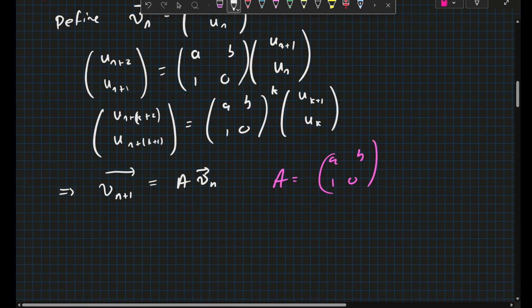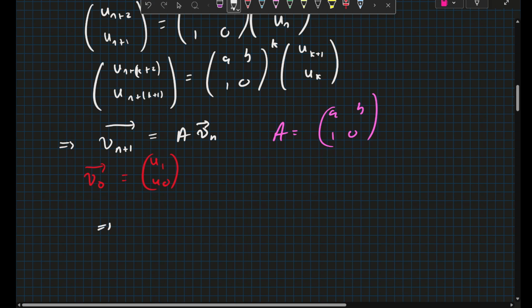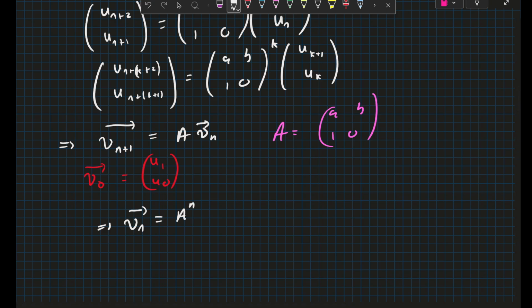So if we go ahead and do this generally, considering the first vector, we'll also define v0 as the column vector u1, u0. That means we can write Vn as A to the power of n times the vector v0, where again v0 is this column vector. Okay, so that's our first bit of information.